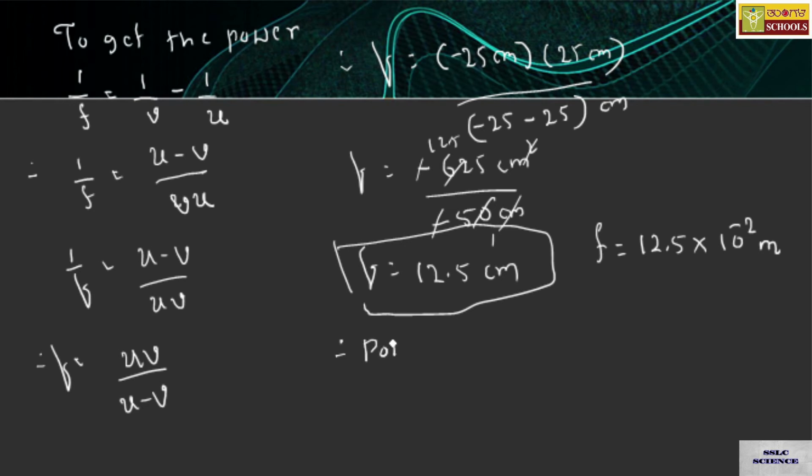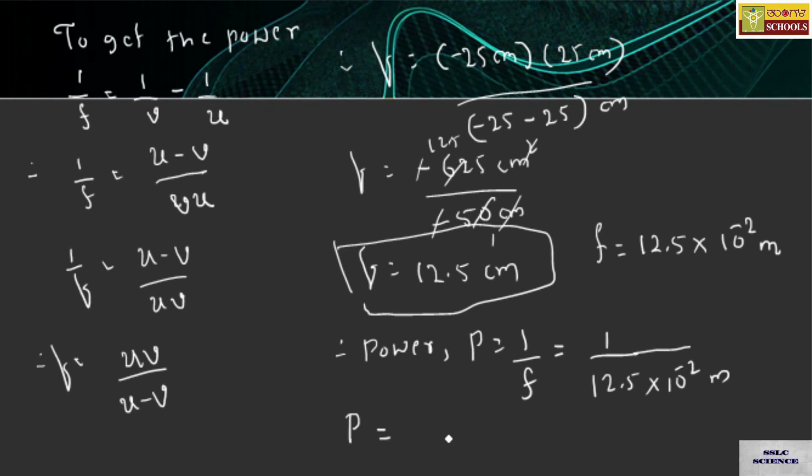Therefore, the power of the lens is given by P is equal to 1 by f, which is equal to 1 divided by 12.5 into 10 to the power minus 2 meter. The 10 to the power minus 2 goes to the numerator as 10 to the power plus 2, divided by 12.5.